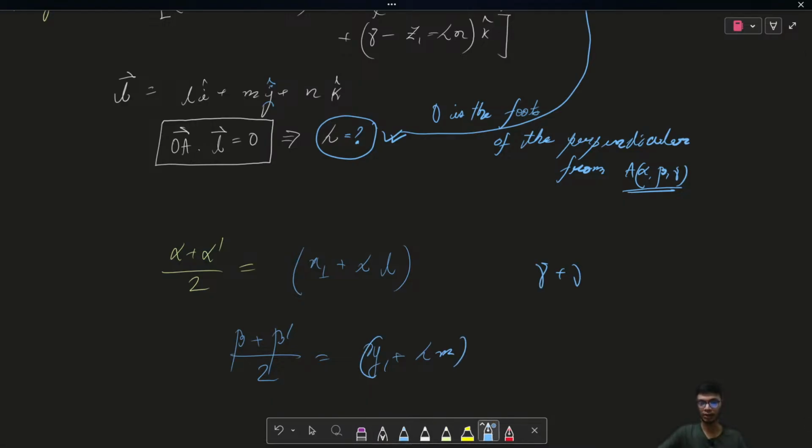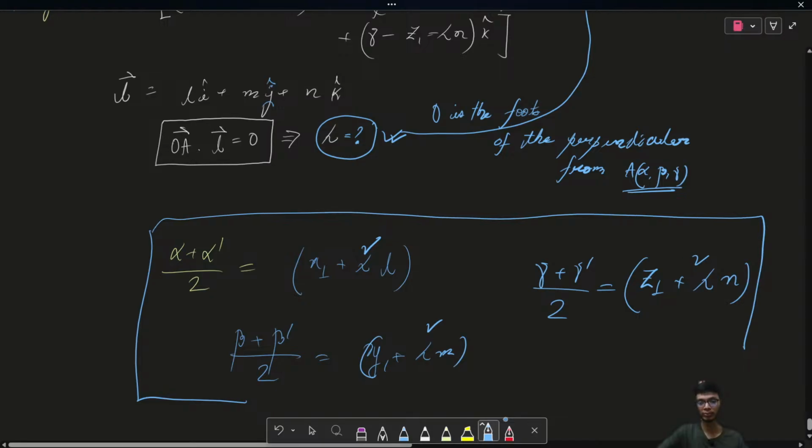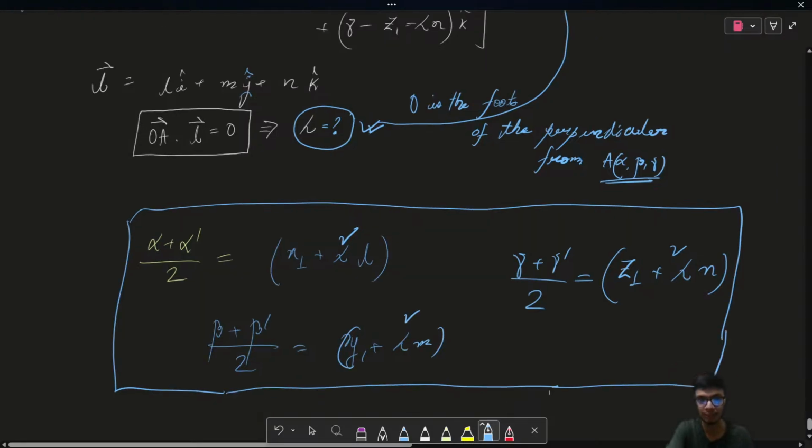And similarly, I can obtain gamma plus gamma dash by 2, that should be equal to z1 plus lambda times n. So once I know the value of lambda, I can easily obtain the foot of perpendicular as well as my mirror image. So from this particular formulation, we can solve two of the very important problems.